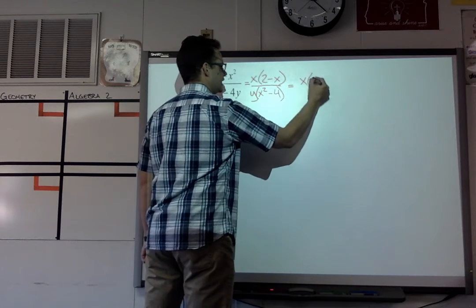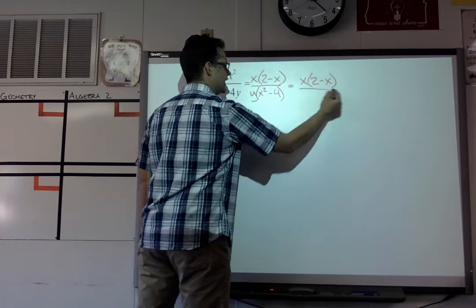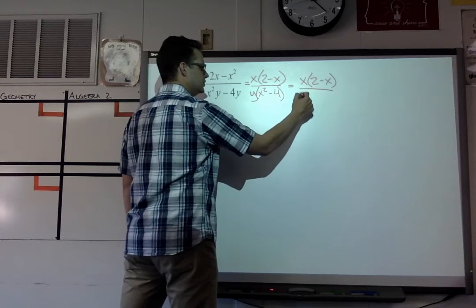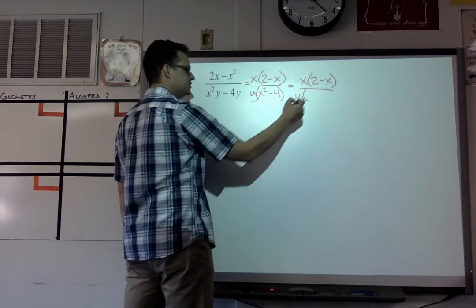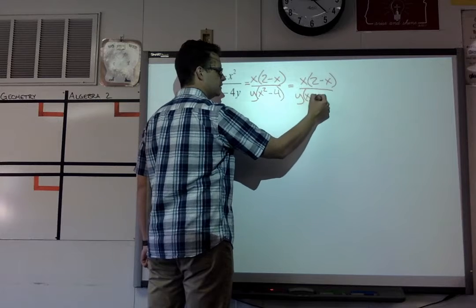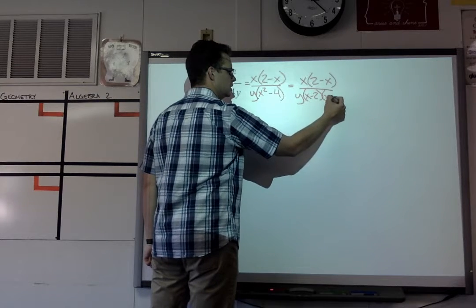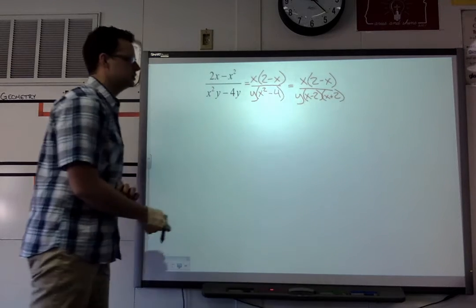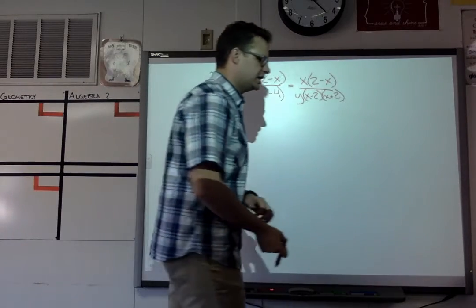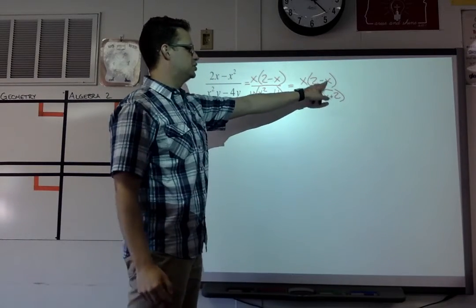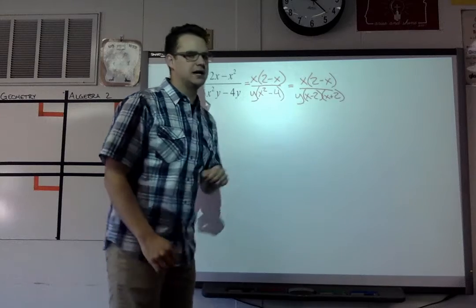Now my numerator, I can't factor that anymore, but my denominator, you see I've got a difference of 2 squares. So x squared minus 4 can become x minus 2 times x plus 2. Then we see here we have 2 minus x and we have x minus 2.